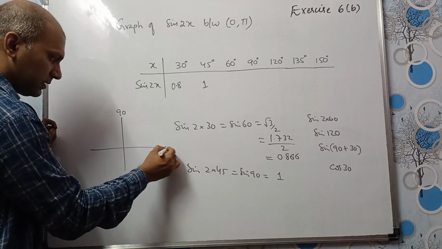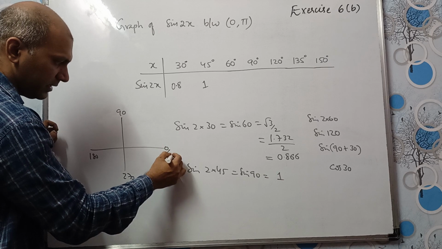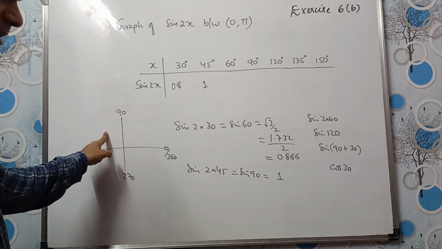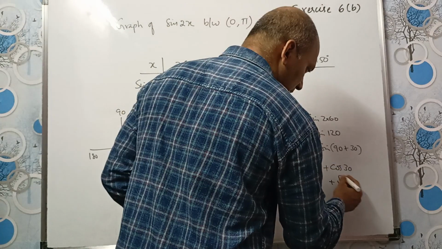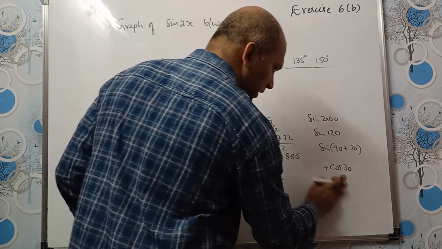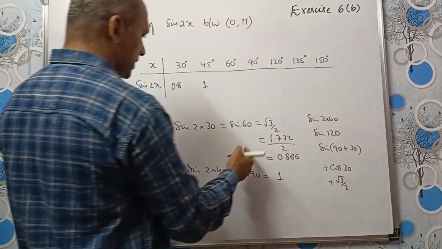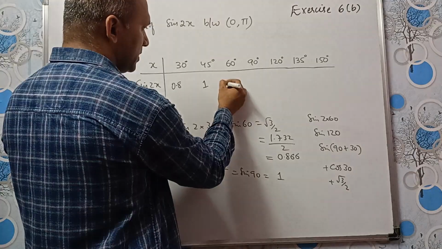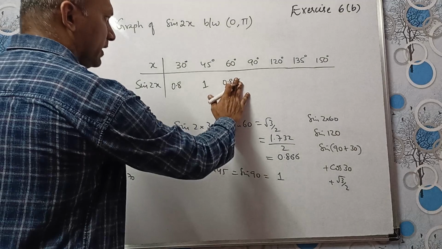See, 0 degrees, 90, 180, 270 and 360 again, right? 90 plus theta is in the second quadrant, and in the second quadrant sine is positive, so we have plus root 3 by 2. Cos 30 is root 3 by 2. Just now we found the root 3 by 2 value. It is 0.866, so let us write 0.8.